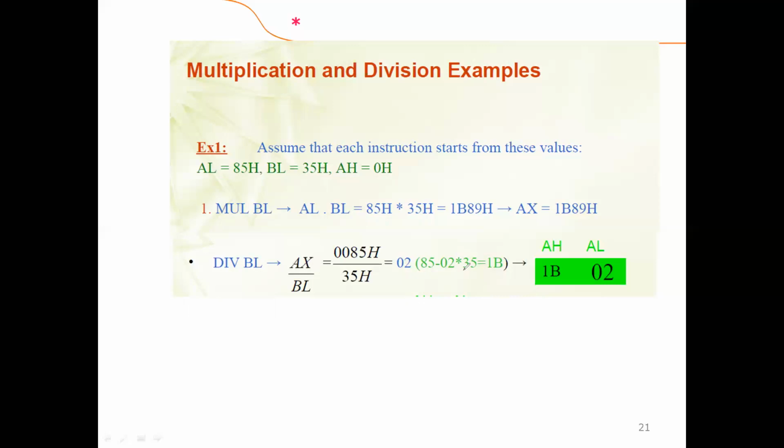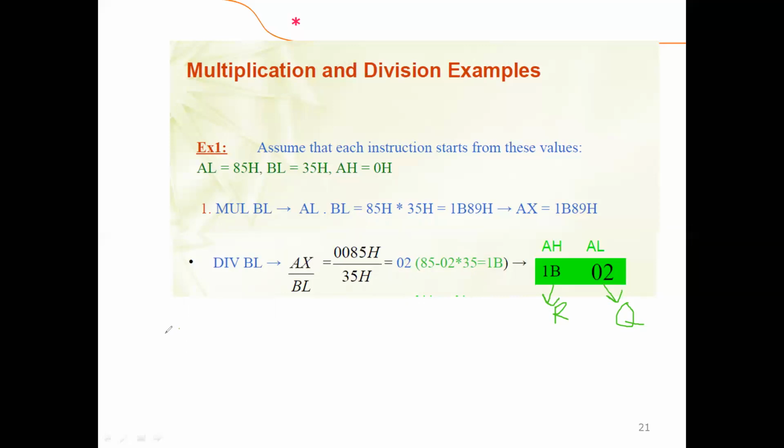Now here we will have two values, one is remainder, one is quotient. We are aware from the last slide that AL is used to store the quotient and AH is used to store the remainder. Now 85H minus 35H will be performed and the result will be stored like this.